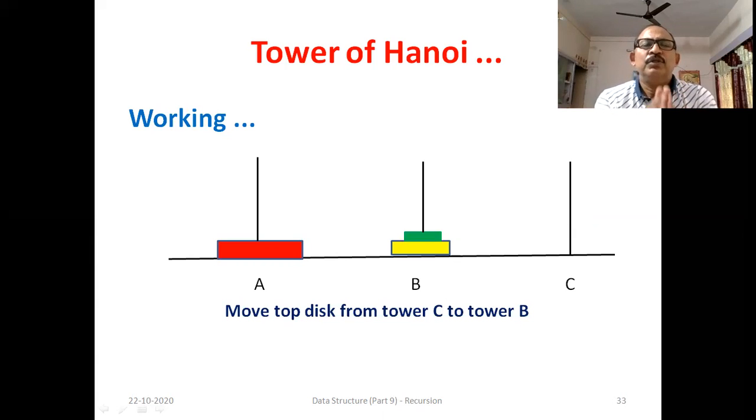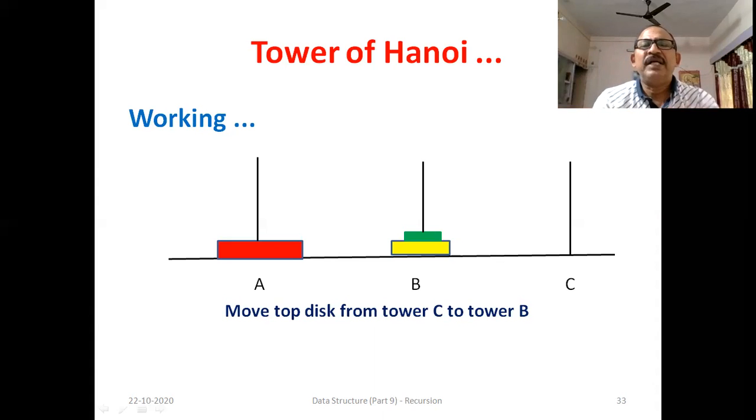The problem is to move 3 discs from tower A to tower C, taking B as an intermediate tower, keeping the rules of the game in mind. We can never put a larger disc on top of a smaller disc.